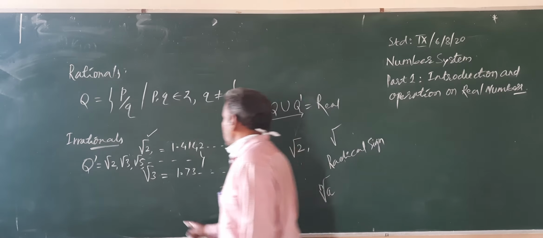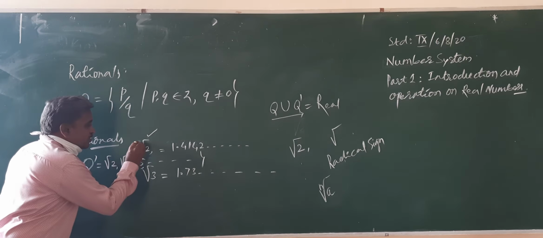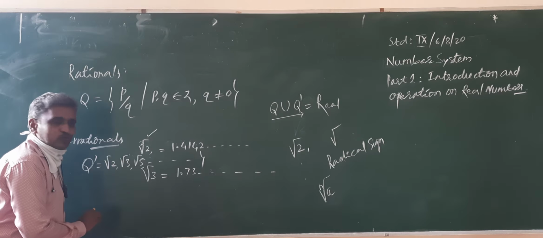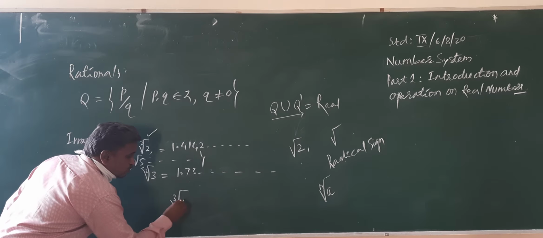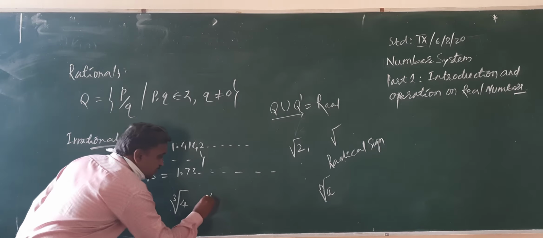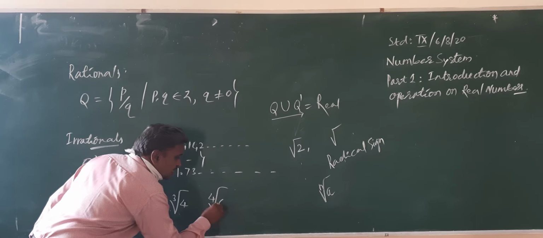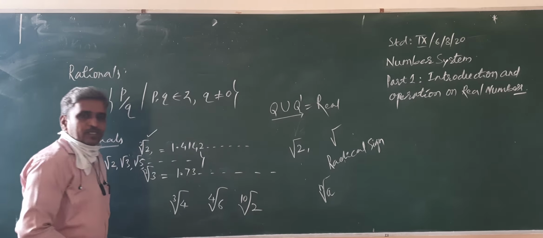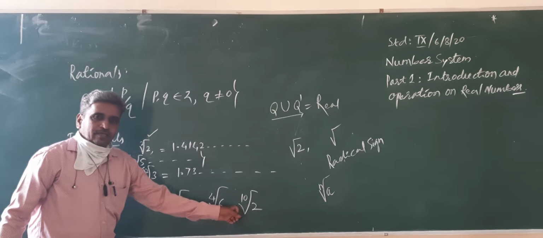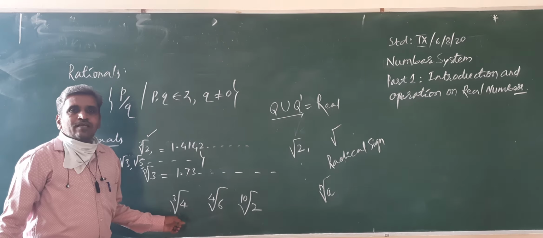What are we calling here? Square root means 2. Square root of 2, square root of 3, or cube root of 4, 4th root of 6, whatever it is, 10th root of 2. Such numbers are called irrational numbers.